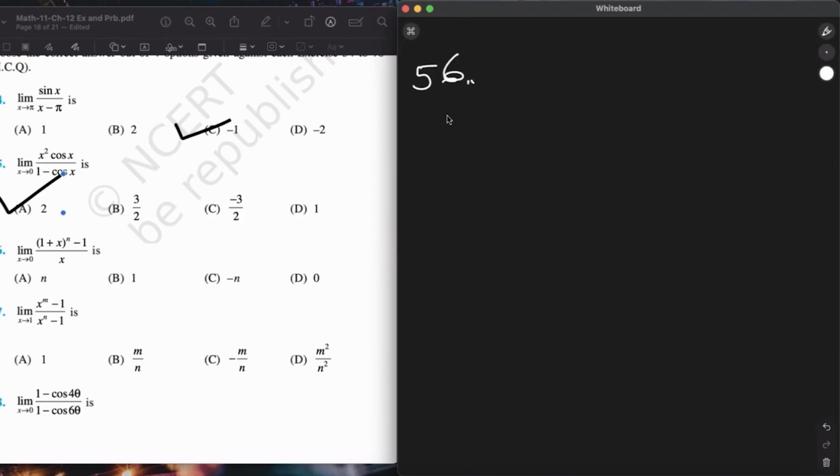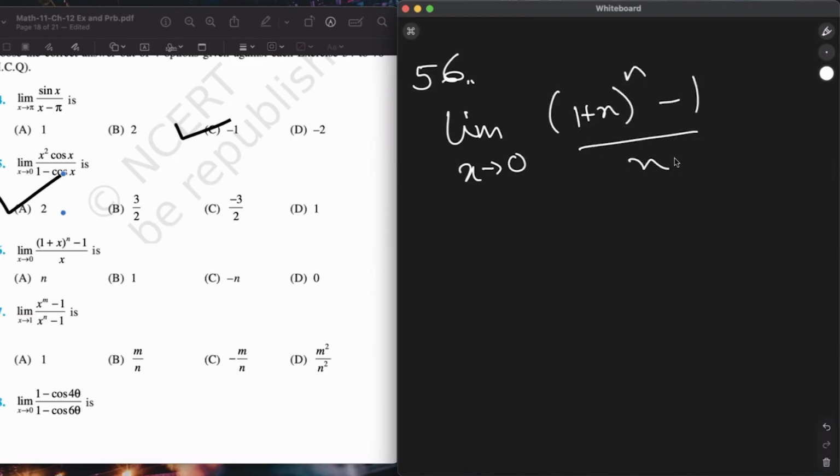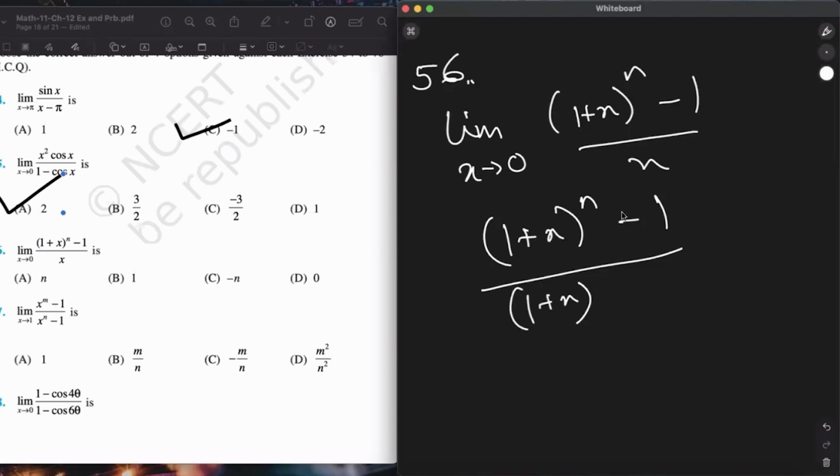Next up we have question number 56. We have been given limit x tends to 0, 1 plus x raised to the power n minus 1, by x. So what can we do in this? Plus minus 1, yeah, that can help us. 1 plus x raised to the power n minus 1, and minus 1 will also be there.